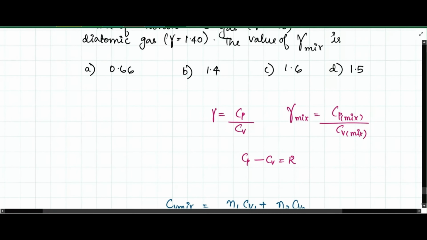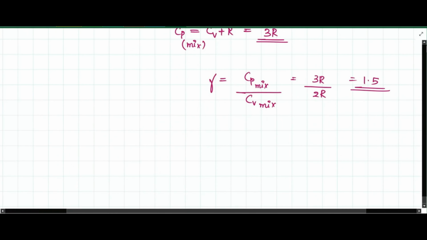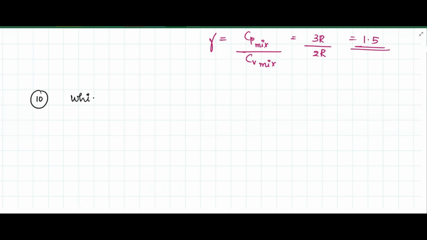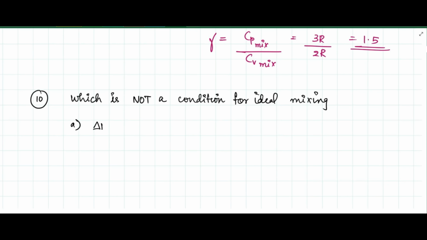Question number 10. Which is not a condition for ideal mixing? Option A, delta H mix is equal to 0. B, no chemical reaction.